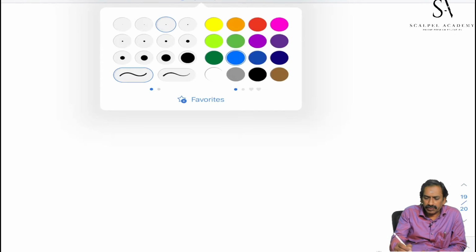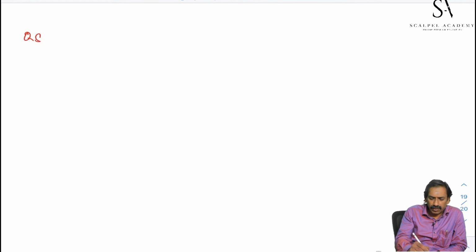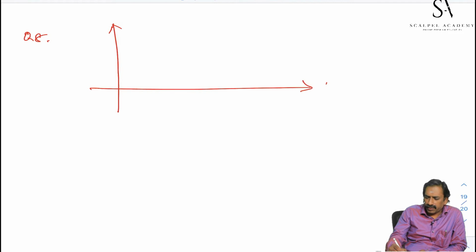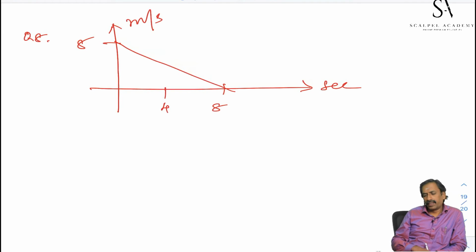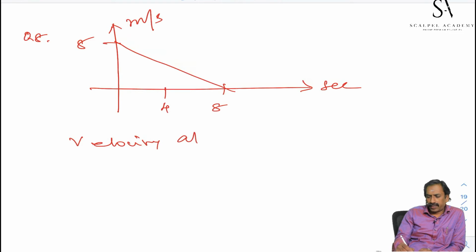Problem number 8. Student, from the VT graph, let us calculate the displacement and velocity at the end of 10 seconds.